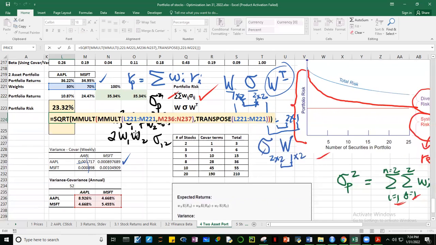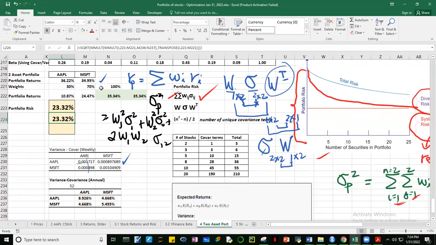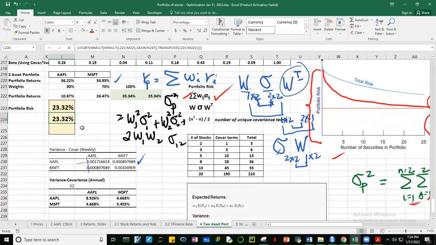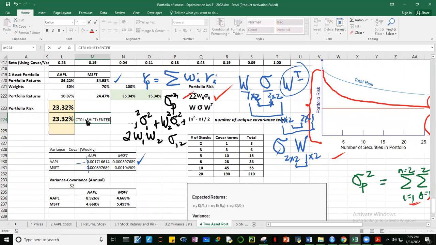But imagine guys, if you are working with 10 stocks, what would you rather, add 55 items or just use this formula matrix, Control Shift Enter? Kasi array formula to, Control plus Shift plus Enter. Okay, any questions guys?